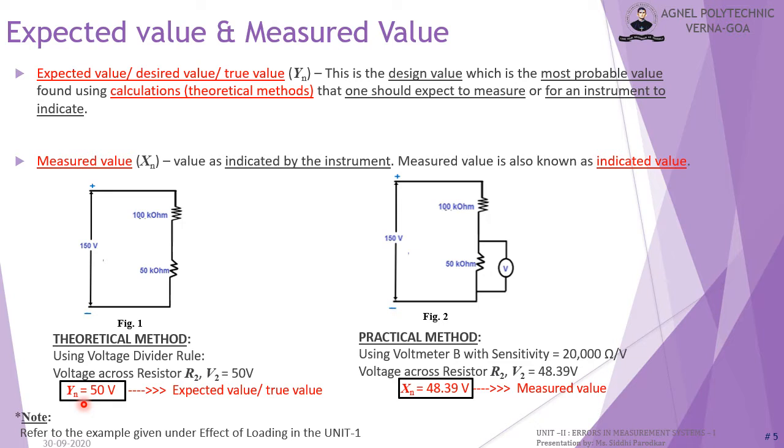Similarly, in the same example, voltage across R2 was found using voltmeter practically. This voltmeter had sensitivity equal to 20,000 ohm per volt. In this case, voltage was measured to be 48.39 volts. This is the measured value of the voltage drop across R2 resistor and can be denoted as X suffix n.